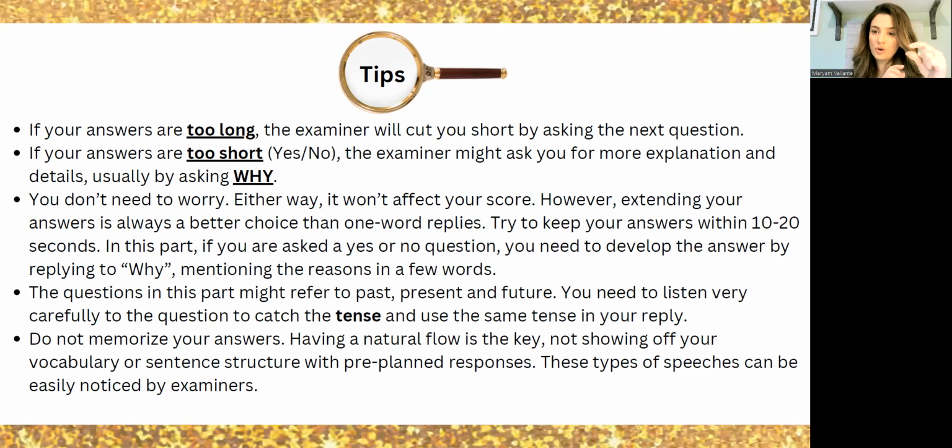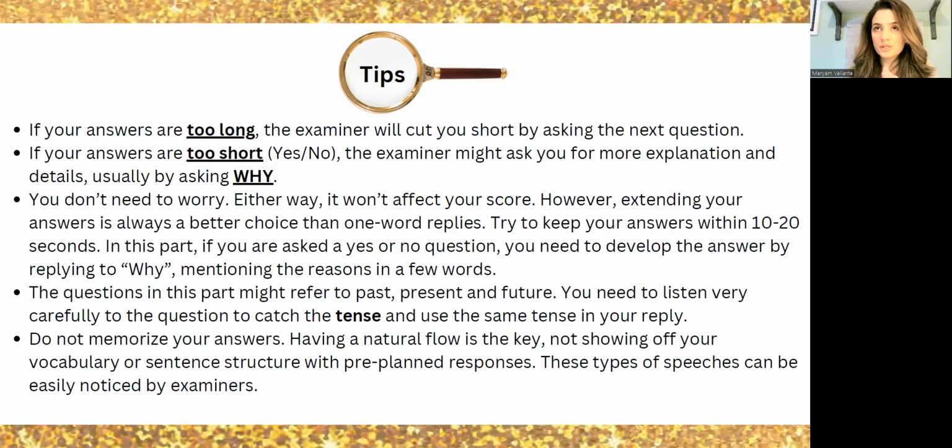One sentence you answer the question directly if it is a yes or no, or if it is a type of food or type of weather. Give 1 or 2 sentences of details, and also 1 sentence where you add the reason why. For instance, if the examiner asks what is your favorite weather, you can say, "I love hot, sunny days because..." So you see, you give the reason after you answer the question, before the examiner asks you why.